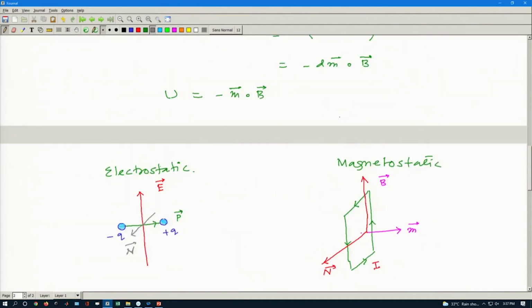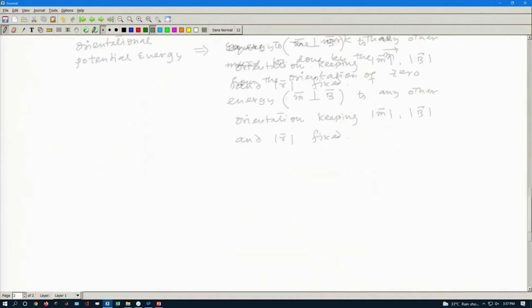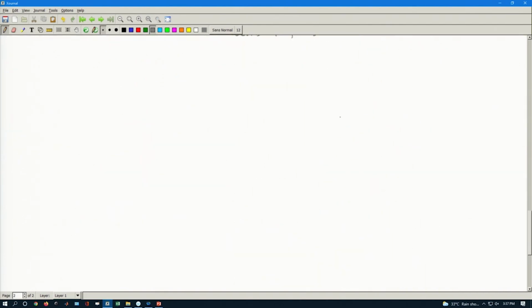Okay. So now after that we will discuss magnetization. That is another topic today that we need to cover. So far we have been dealing with problems where the magnetic field is calculated mainly in vacuum.